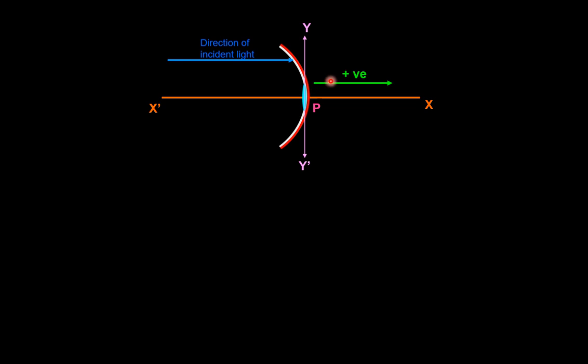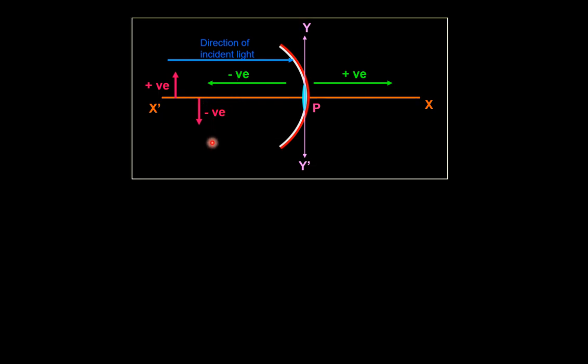Whenever we measure any distance to the left of the pole, it has to be taken as negative. Any distance or height perpendicular and above the principal axis has to be taken as positive. Below and perpendicular to the principal axis has to be taken as negative. So this is the diagrammatical explanation of this new Cartesian sign convention.